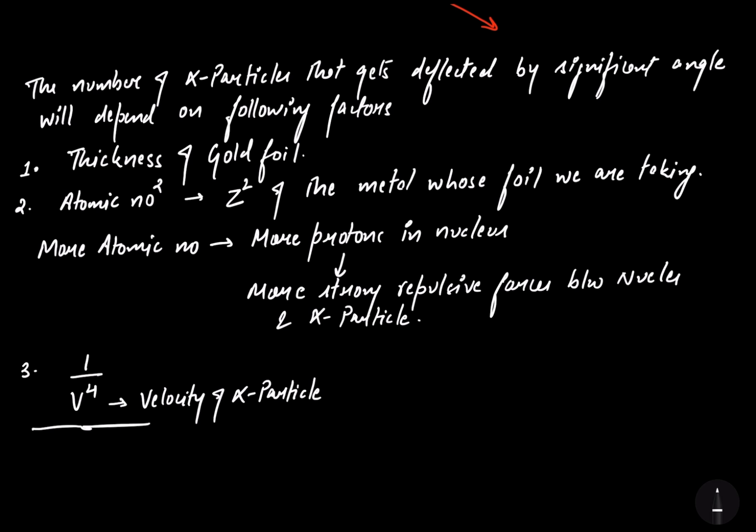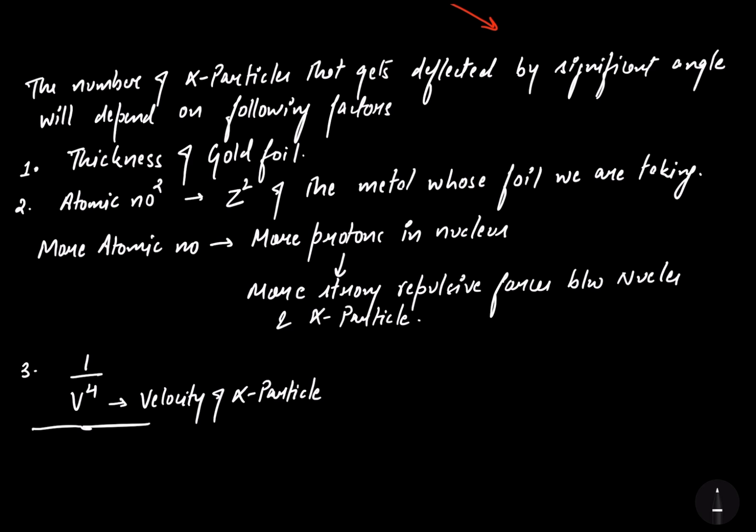If the velocity of alpha particle is more, it will cross the gold foil without any deflection. If the velocity of alpha particle is less, then once it gets closer to the nucleus, it will get deflected very easily. If the alpha particle is coming very fast, it will pass through an atom without any deflection.